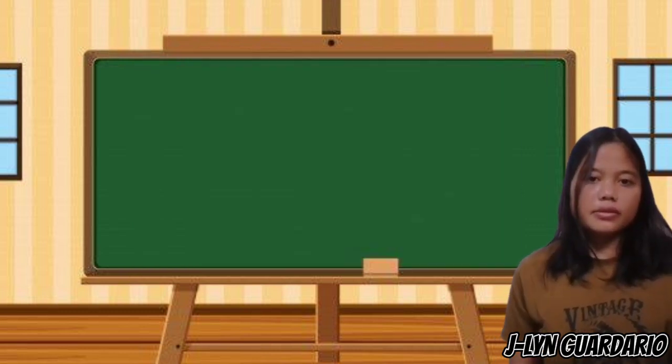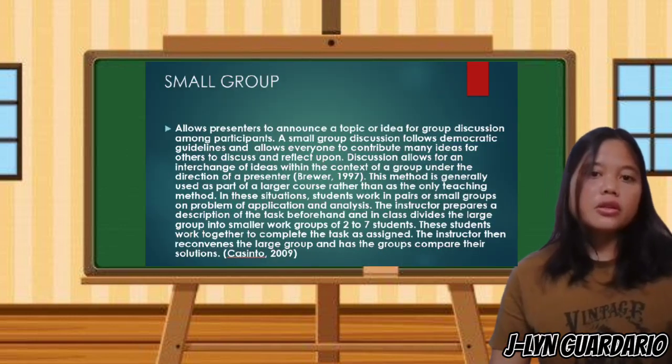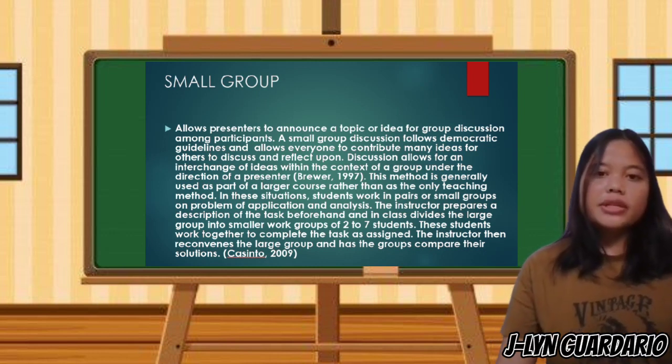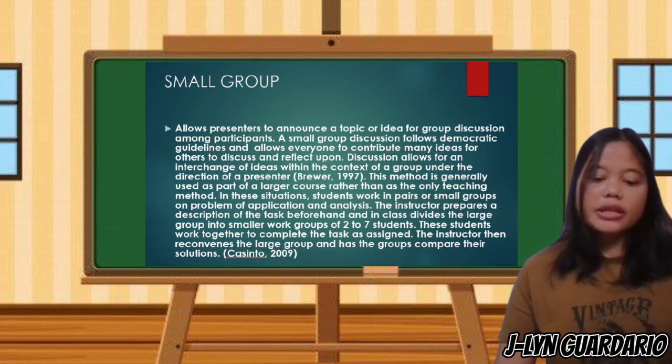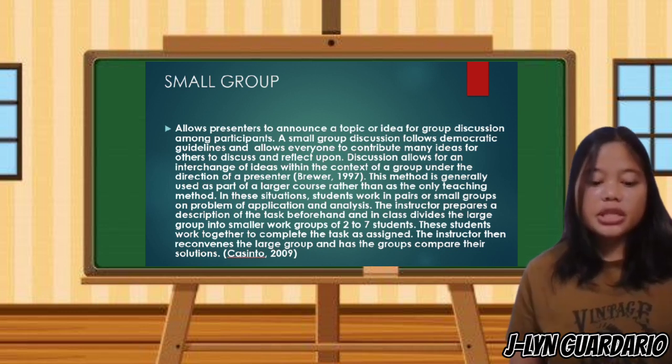The eighth strategy is the small group. A small group, according to Brower 1997, allows for an interchange of ideas within the context of a group under the direction of the presenter.